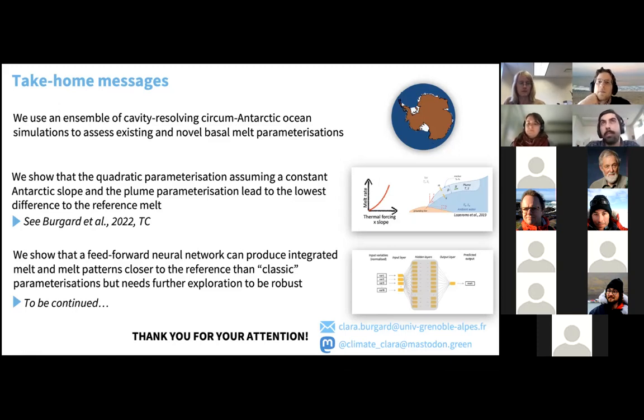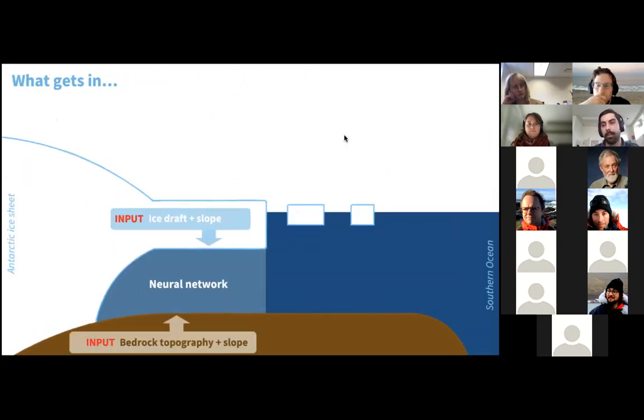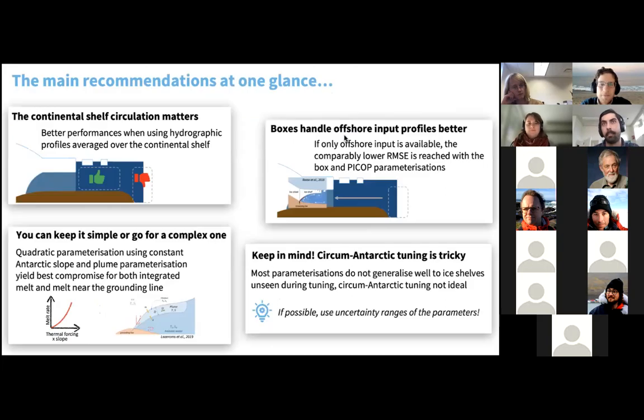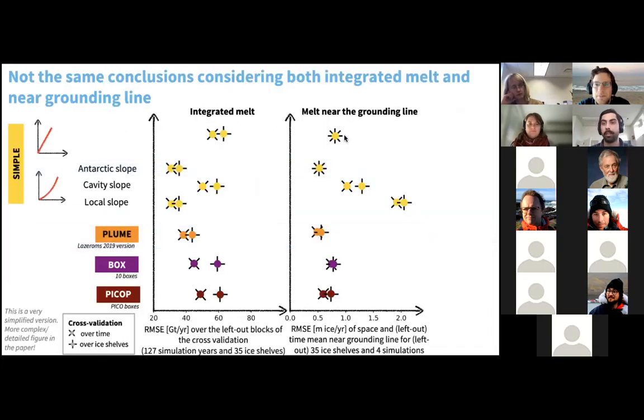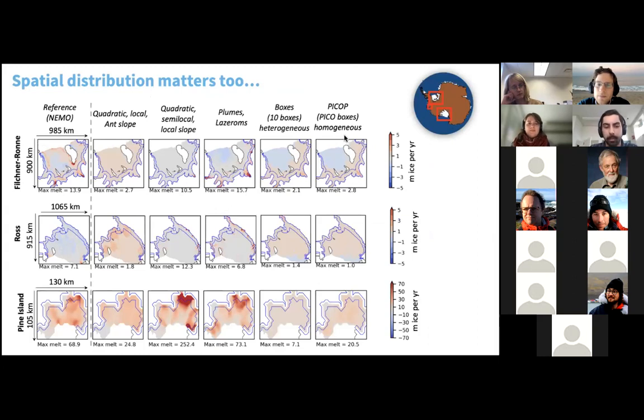Could you explain how it could do well in one sense but poorly in another, both from a technical point of view and from thinking about conservation? If it's getting the integrated rate right and the local rate wrong, where's the melt coming from that offsets that in another way?